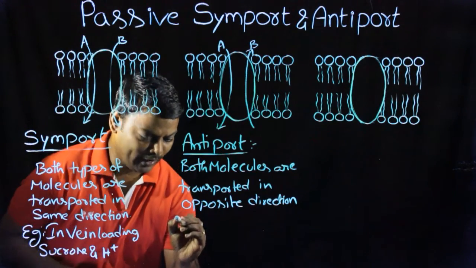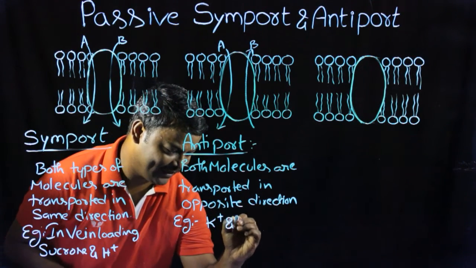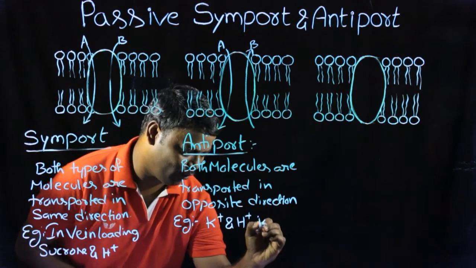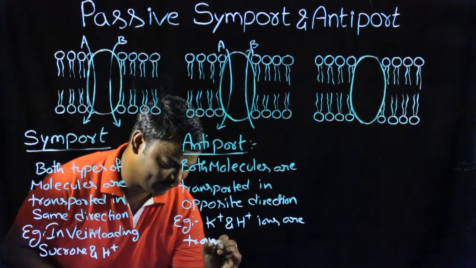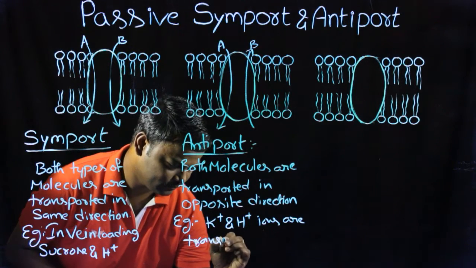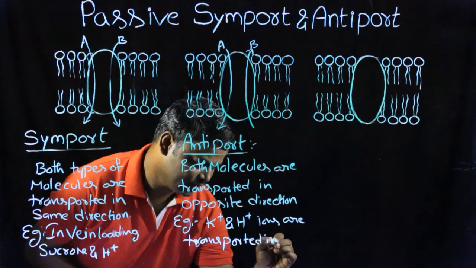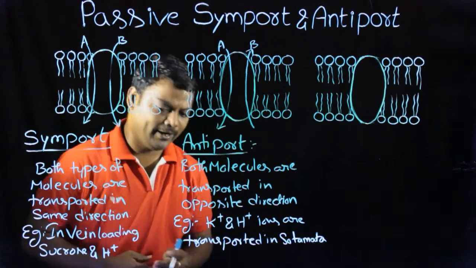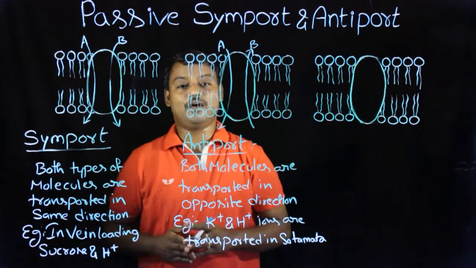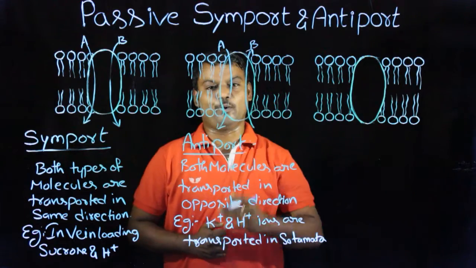So this is the example for Antiport in plants: K+ and H+ ions are transported in stomata. In stomata, the two types of molecules are transported in opposite directions, which is called Antiport.